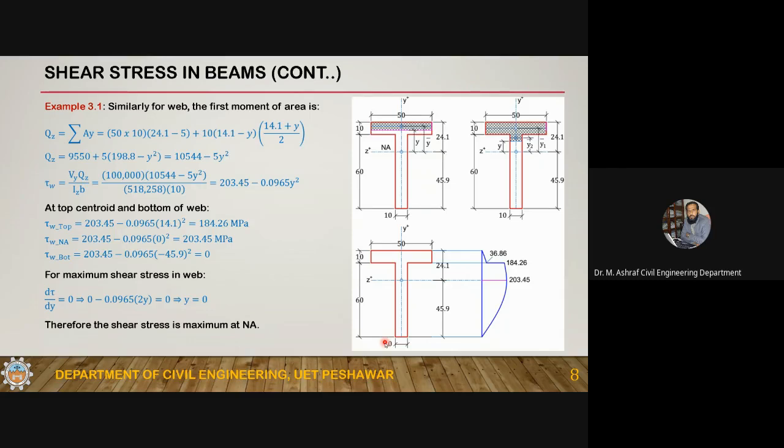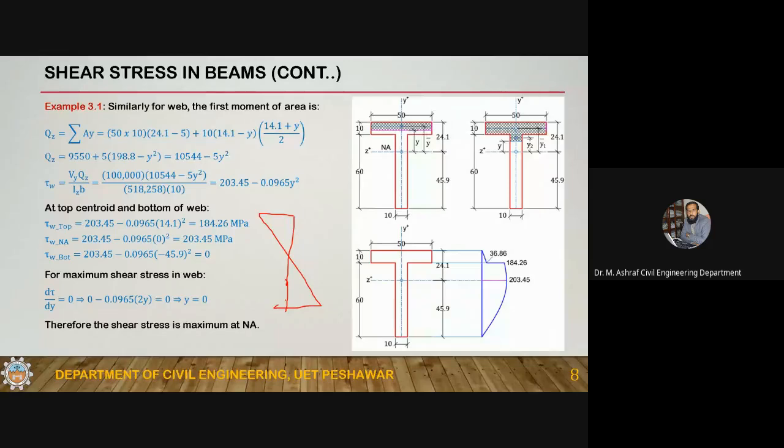And if you want to strengthen a beam in flexure, then you will have to strengthen its flanges, because if you have a stress variation diagram, flexure stress, let me draw the flexure stress variation diagram. So the flexure stress variation diagram is like this one. So most of the flexure stresses are in the outer region.